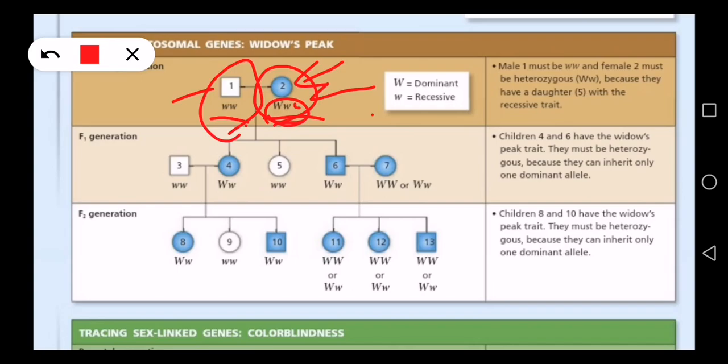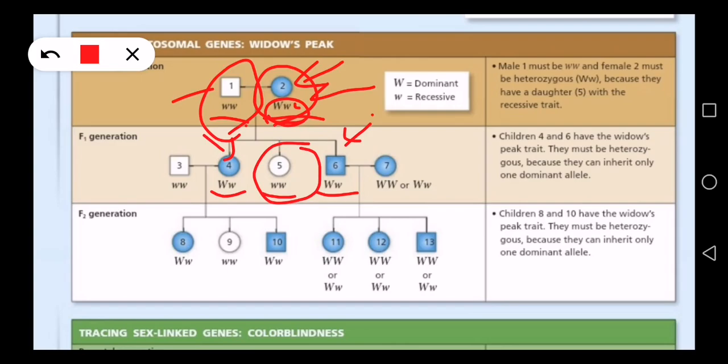Now this thing happened in real life. They got married and have 3 kids. 2 of them have the widow's peak and only 1 daughter does not have the widow's peak.